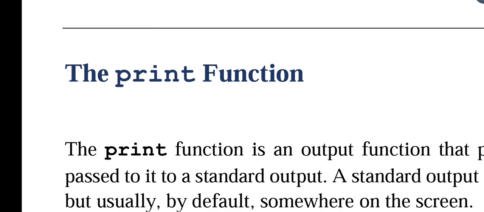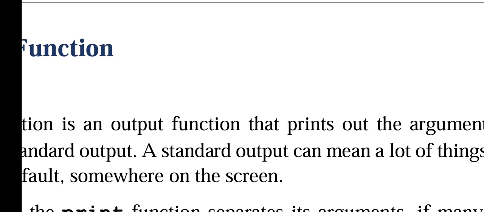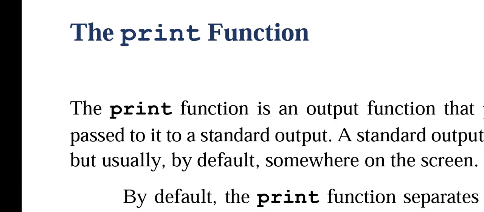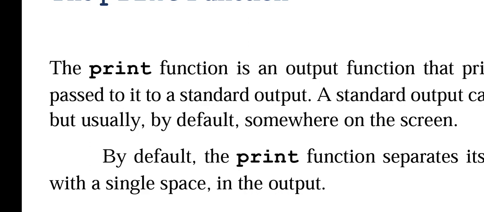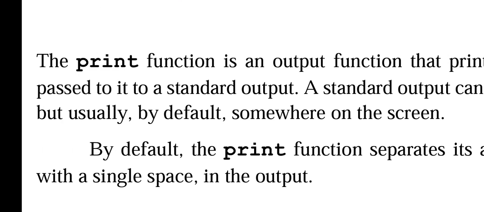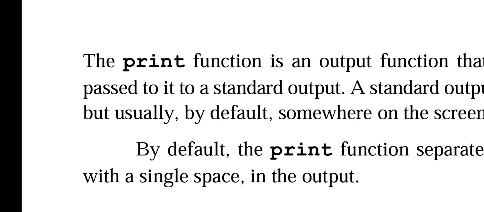A standard output can mean a lot of things, but usually by default it is somewhere on the screen. By default, the print function separates its arguments, if many, with a single space in the output. So by default, the print function will display what is given to it as arguments on the screen.